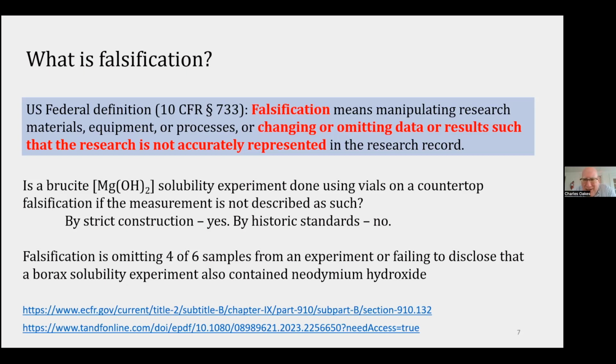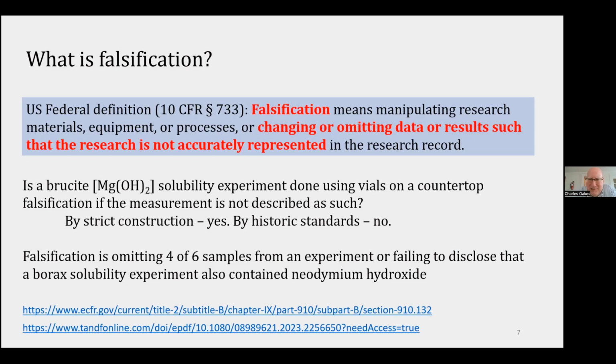What is falsification is if you do an experiment on some borate mineral solubility and you've got 6 samples in your study and you leave out 4 of them because the results of those 4 happen to show something quite different from your preconceived hypothesis and conclusion.